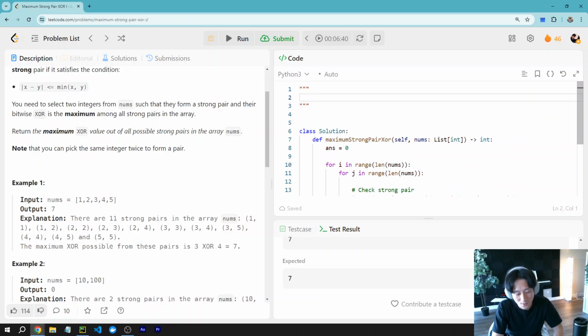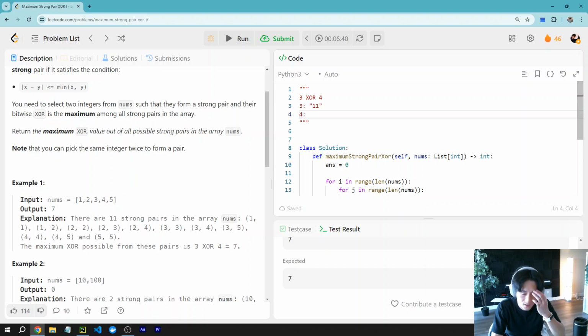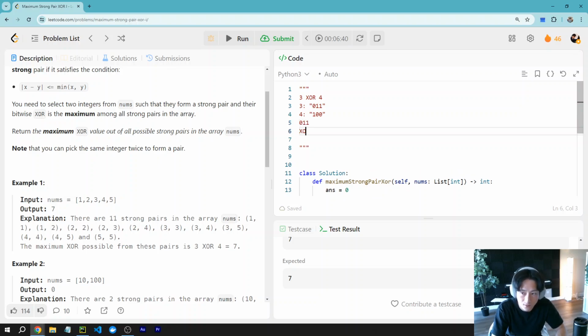So 3 XOR 4. This means 3 is 1 1 and 4 in binary representation is 1 0 0. Okay, so I'm going to expand this: 0 1 1 XOR 1 0 0.